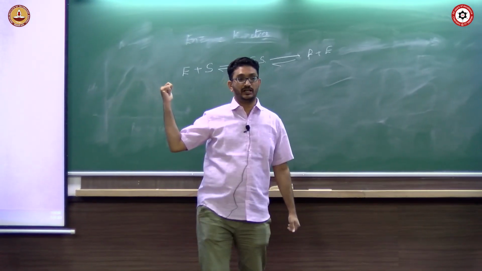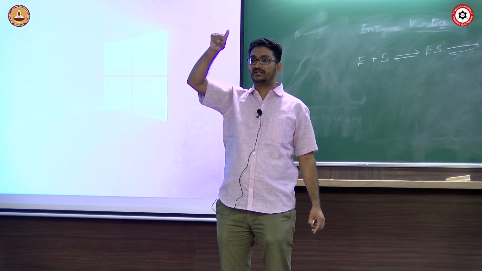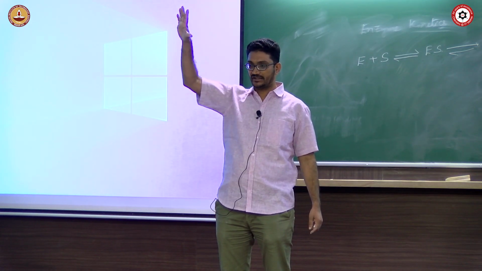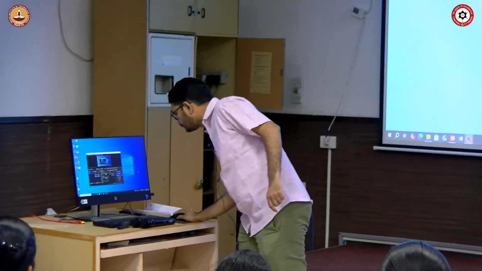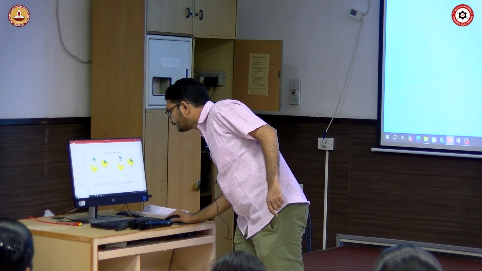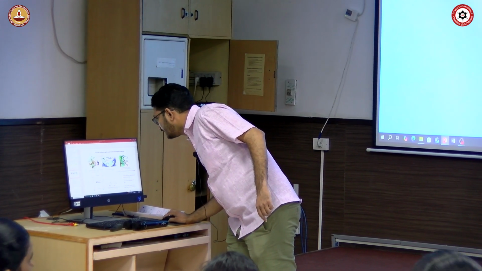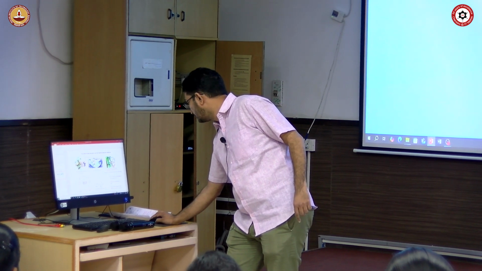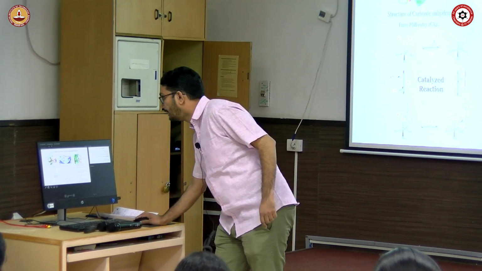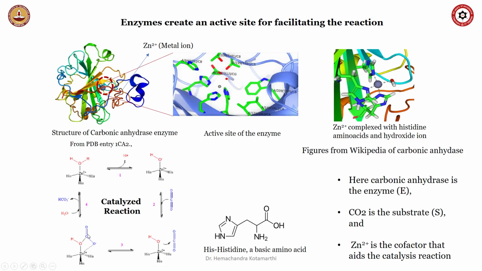So you have seen the carbonic anhydrase reaction, right? You have a zinc that is OH bound and then that is bound to your CO2 and then it is interacting. So if you see this product, this is your product, HCO3 minus, right?